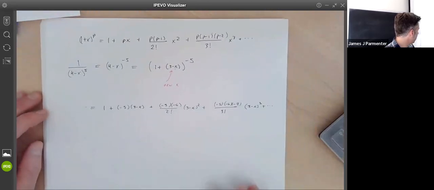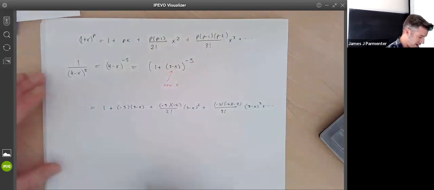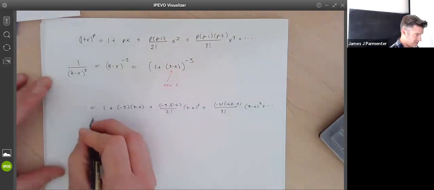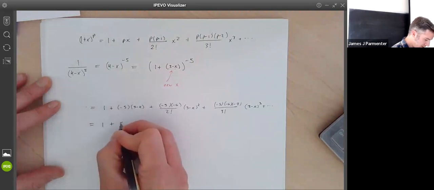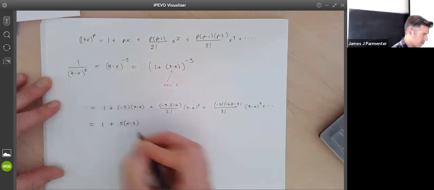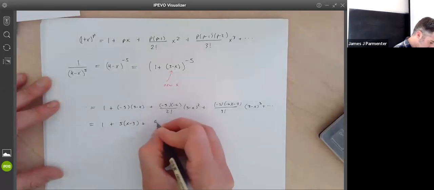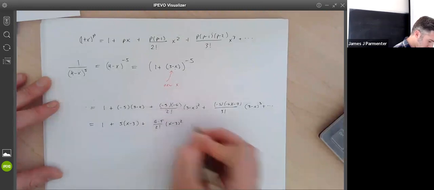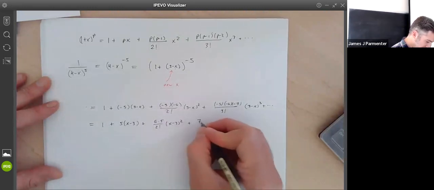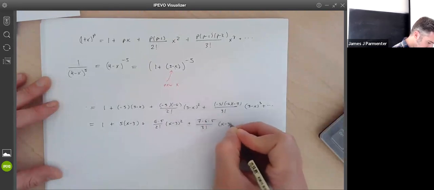To me, this doesn't look better, but we could manipulate it. This is going to be 1 plus 5 times x minus 3 plus 6 times 5 over 2 factorial times x minus 3 squared plus 7 times 6 times 5 over 3 factorial times x minus 3 cubed.